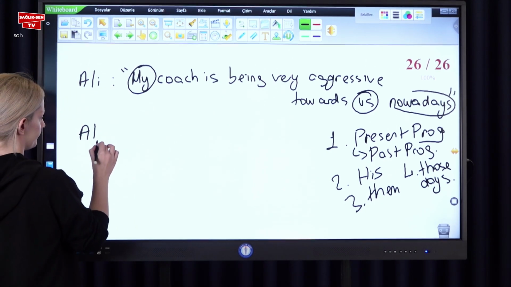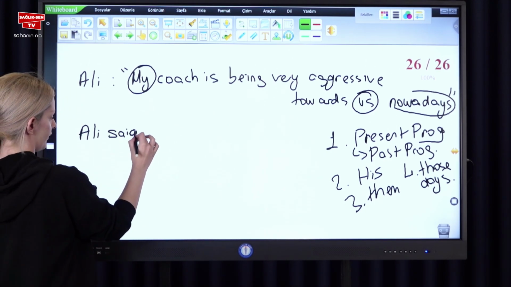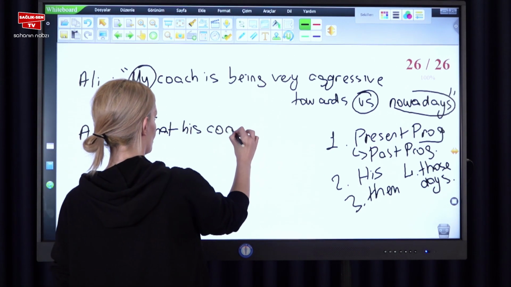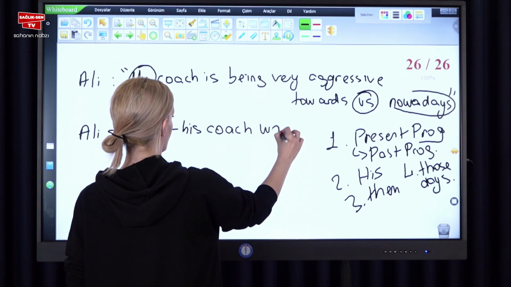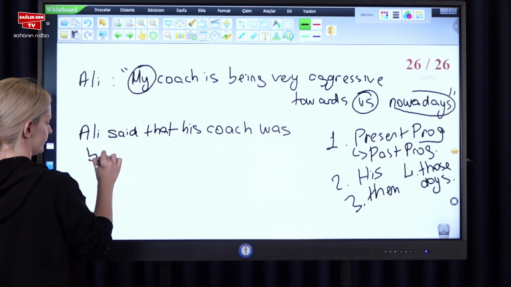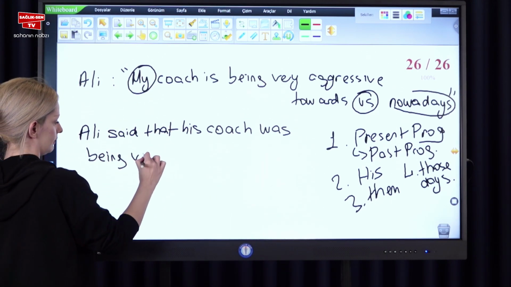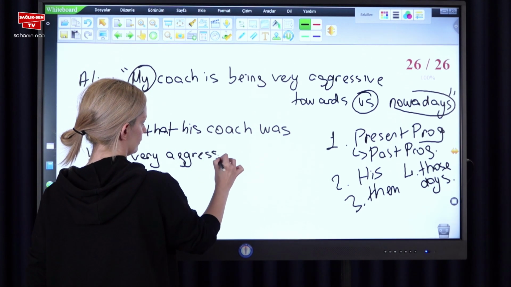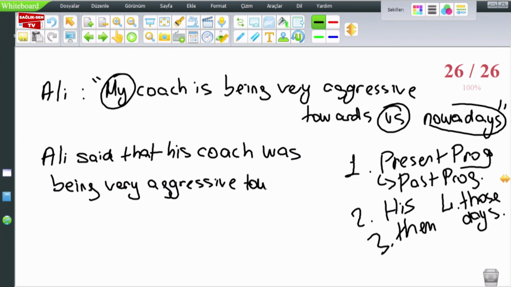Ali said that his coach was being very aggressive towards them those days.